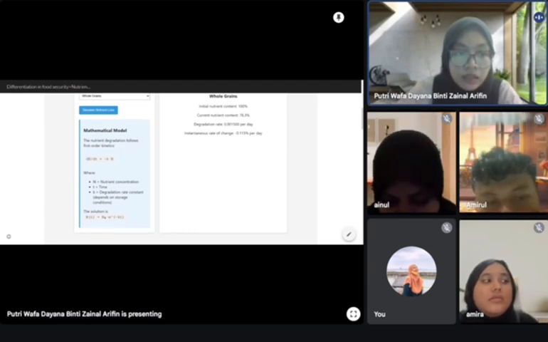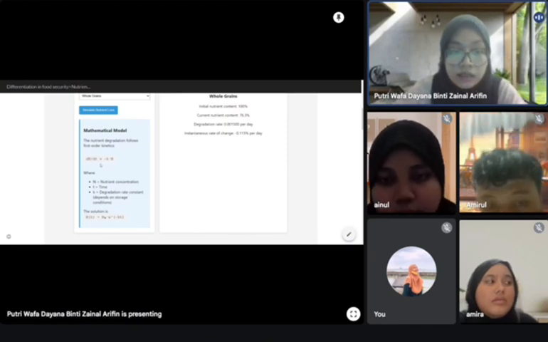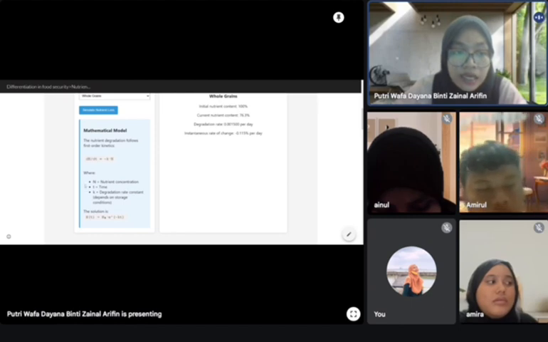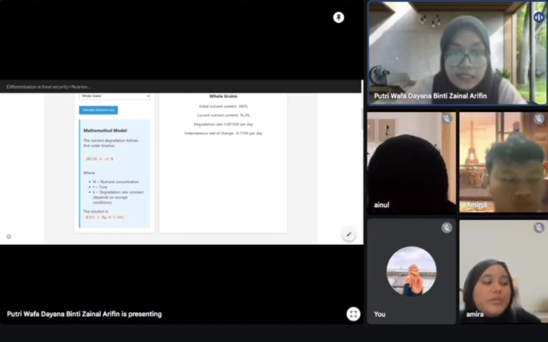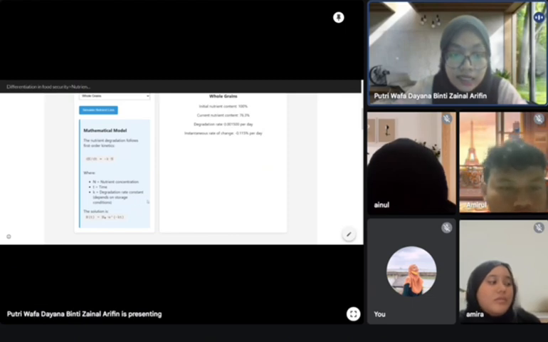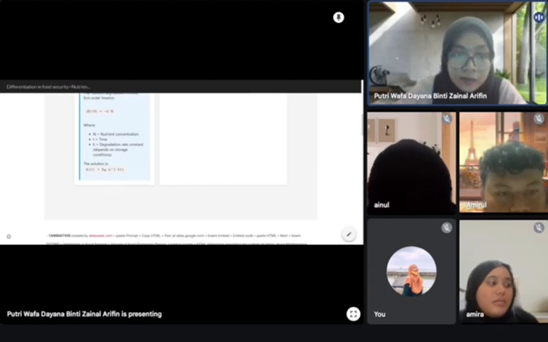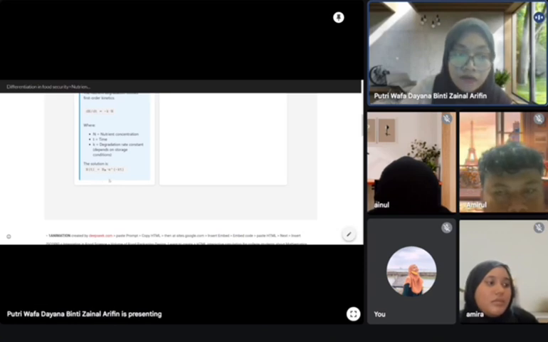So the differential equation is dN/dt equals minus kN. Here, N is the nutrient concentration, t is time, and k is the degradation rate constant, which depends on storage conditions. So N(t) equals N0 times e to the power of negative kt.